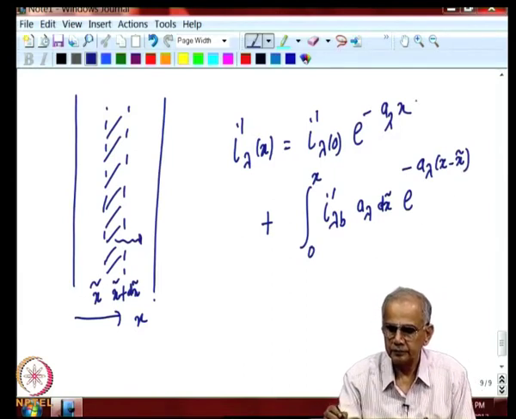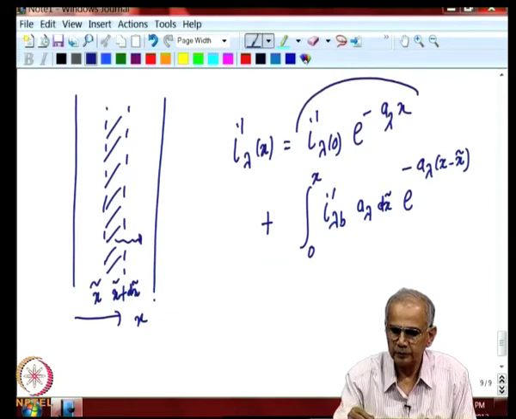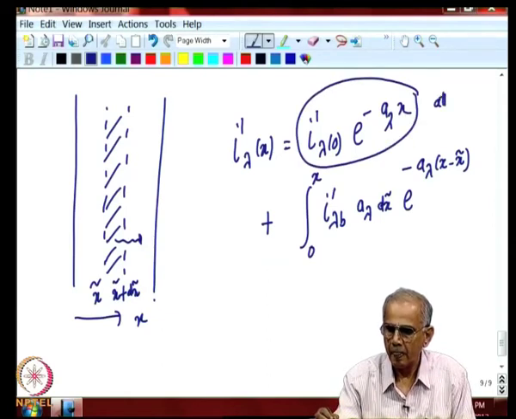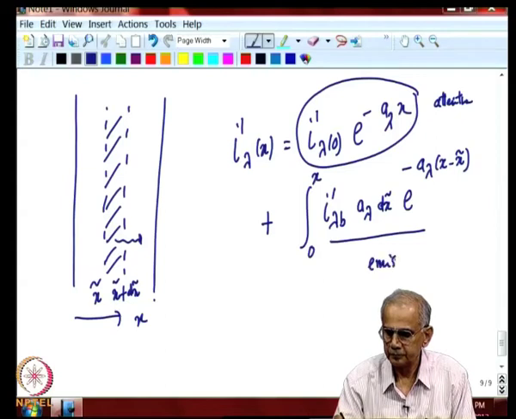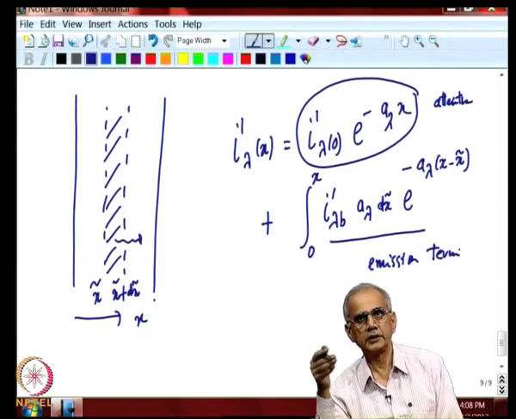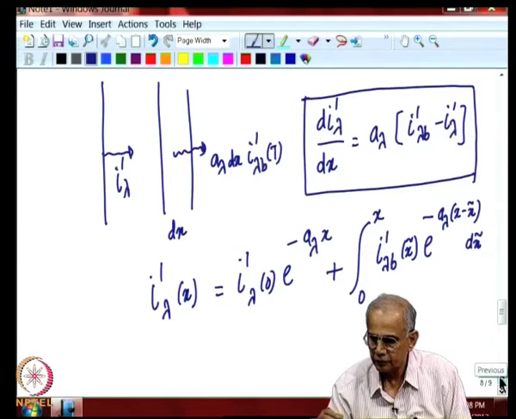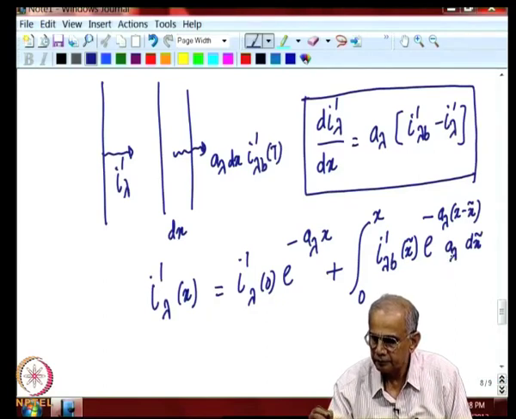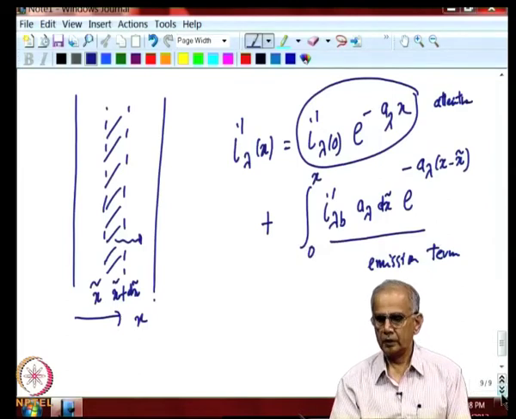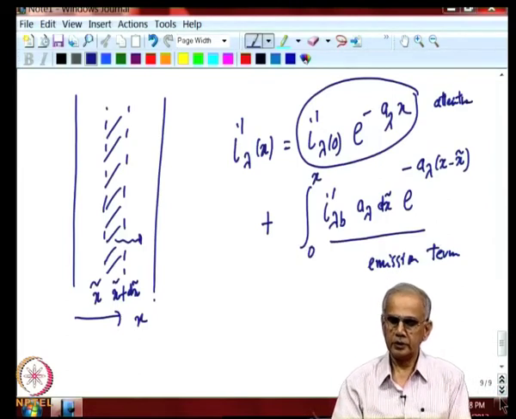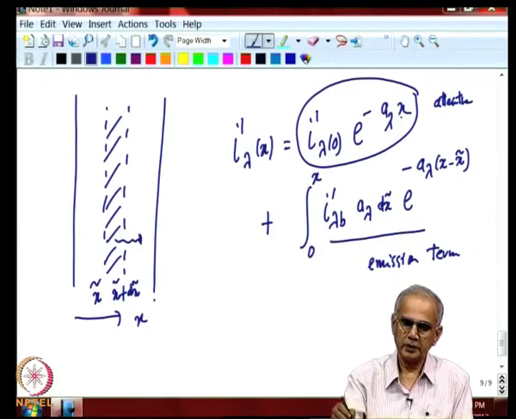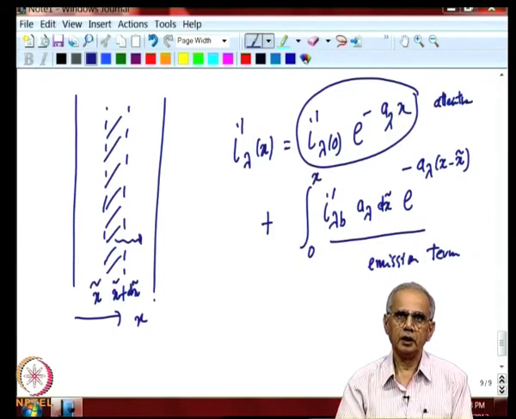So, this is the attenuation term. And this is the emission term. The emission term is an integral, and let me just make sure that I forgot a lambda here. So, this is an attenuation term, this is the decrease in intensity due to the absorption of the gas.